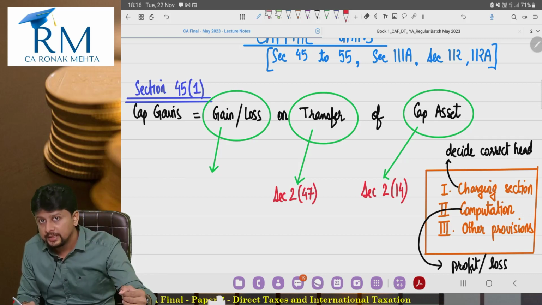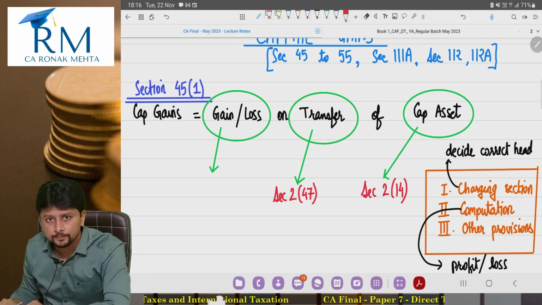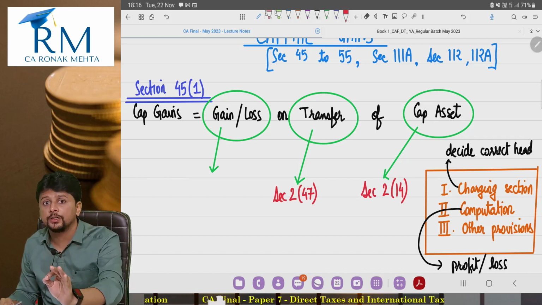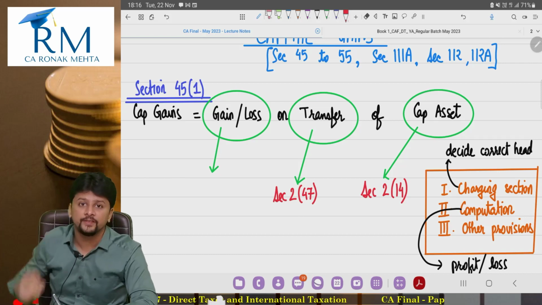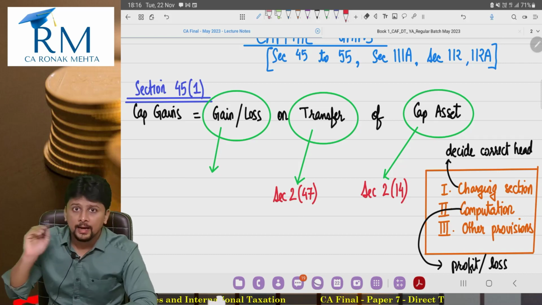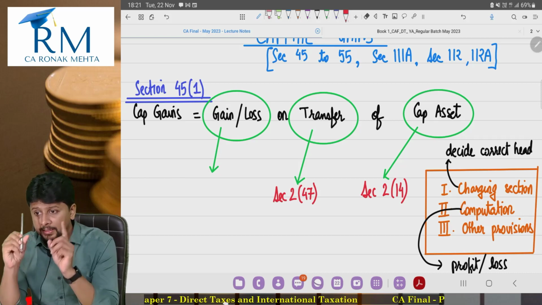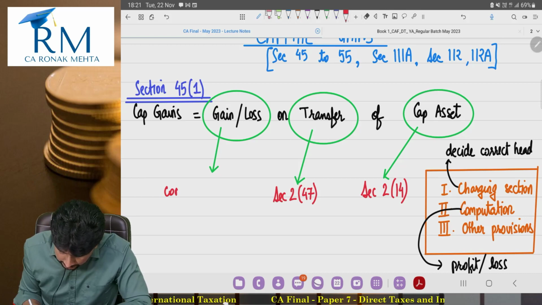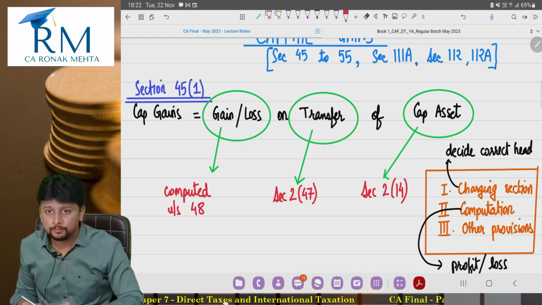If there is a capital asset which fits in the definition in section 2(14), and what I have done is a transfer of that capital asset, as it fits in 2(47), then I have a gain or a loss, and this gain or loss will be calculated and computed using section 48.